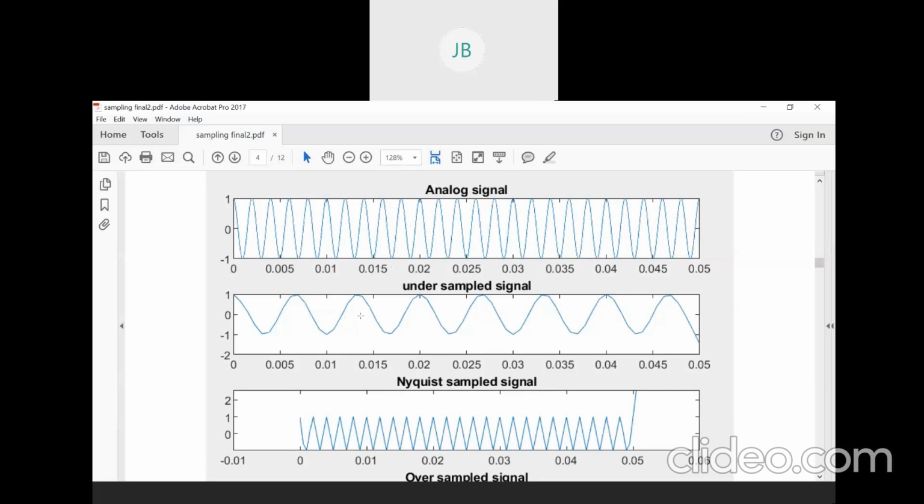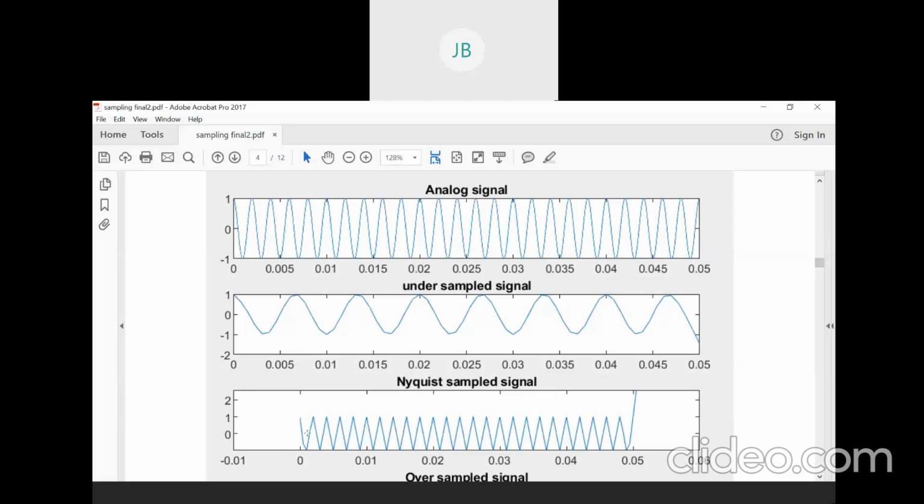The frequency has changed here. That's because we sampled at a lower rate, so of course we cannot represent it as similar to the analog input signal. This process I mentioned is aliasing, because the frequency is higher here with many cycles, but here the cycles are very few. Instead of high frequencies, these low frequencies have occupied those places. That's the effect called aliasing.